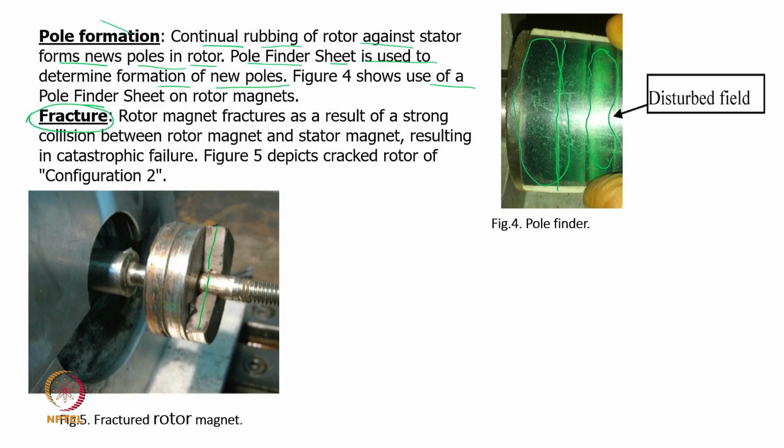The permanent magnetic bearing, which was supposed to work very nicely and give negligible friction, zero wear, and a win-win situation as a bearing solution, failed badly. So, this is a rotor magnet fracture, the result of a strong collision between the stator magnet and rotor magnet, resulting in catastrophic failure.